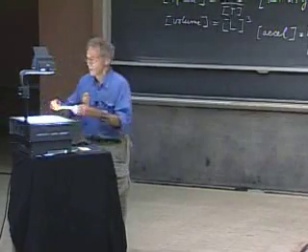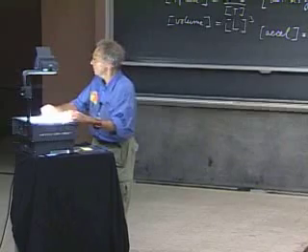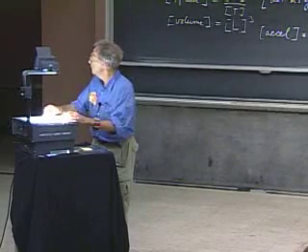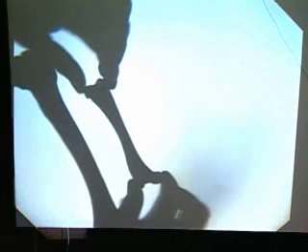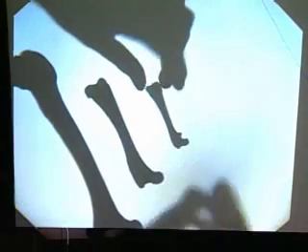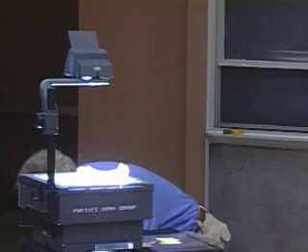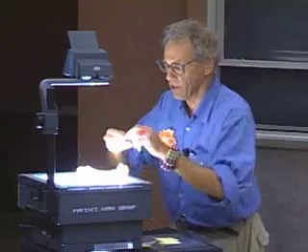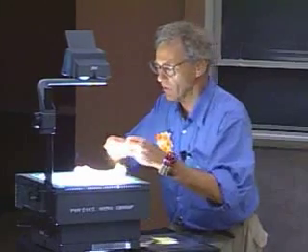Here is the bone of the antelope. Here is the one of the raccoon. Here is the one of the opossum. And now you won't believe this. This is so wonderful, so romantic.